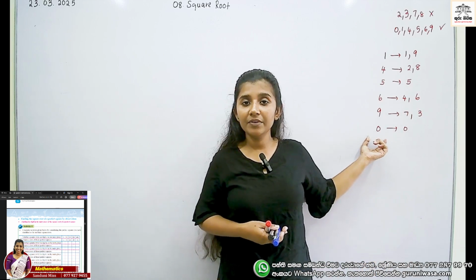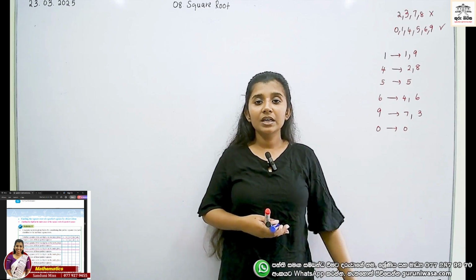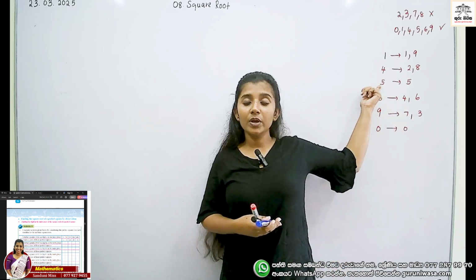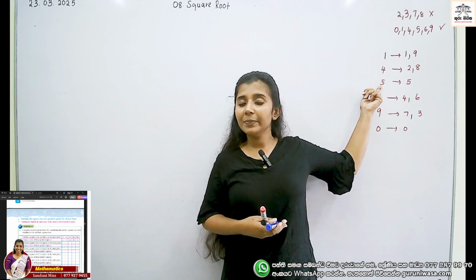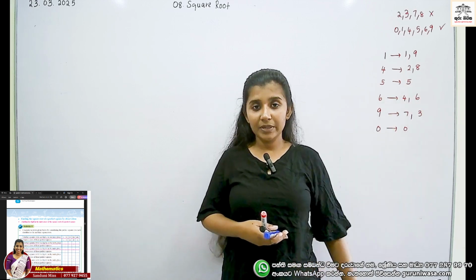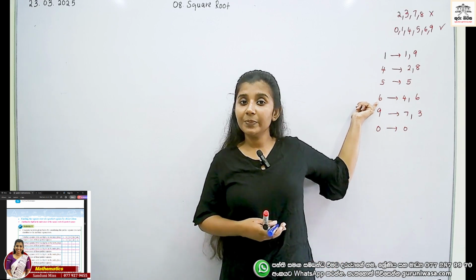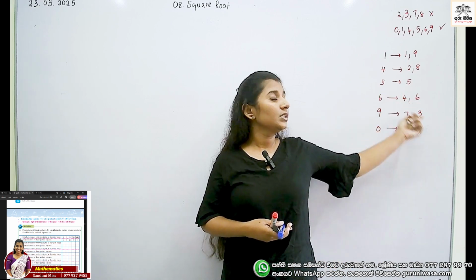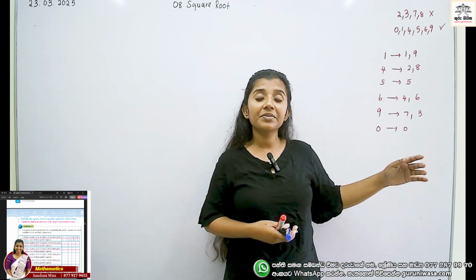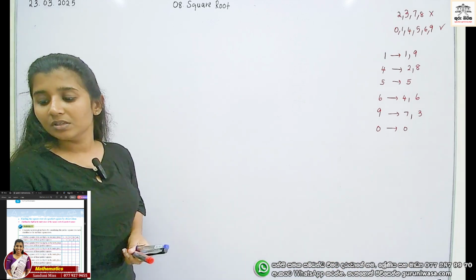When the perfect square value is ending with 0, the square root unit place will be 0. If the unit place of the perfect square is 5, the square root unit place is also 5. If the perfect square unit place is 6, the square root unit place will be ending with either 4 or 6, right?